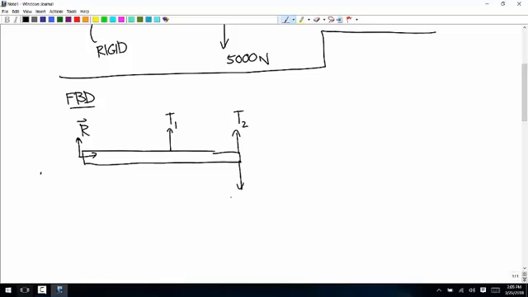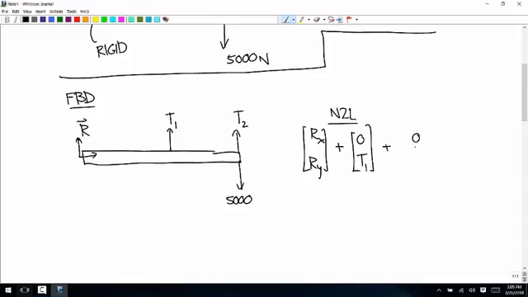And then there's a downward force of 5,000 newtons. Then Newton's second law says Rx, Ry plus 0 T1 plus 0 T2 plus 0 negative 5,000 is equal to zeros.